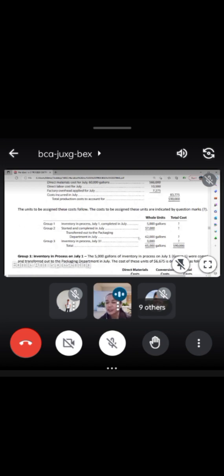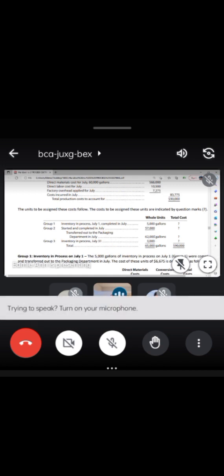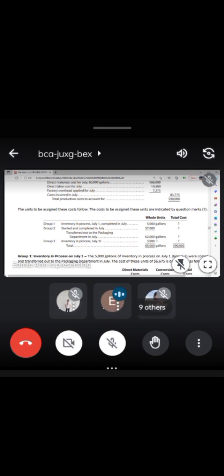So, ang ato na dayon pangitaon is the total cost for each group of inventories and the cost of the goods or the gallons, the units transferred out. The ice cream nga gi-transfer nimo didto sa packaging department. Pila gali ang nahuman for the whole month out of the 65,000 gallons nga gi-process ni mixing department?